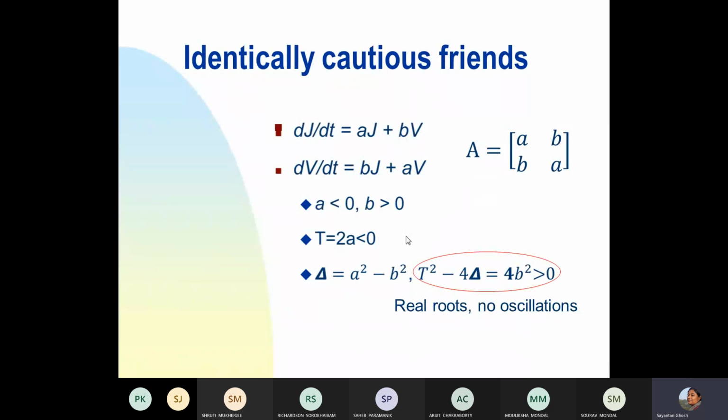That matches physically, that is something that should happen, right? If you are too cautious about your own feeling and you don't care that much about the other person's feeling, then you are not supposed to be a friend of that person in the long term. That is why I have chosen this problem, so that you can understand positive and negative values of J and V and A, B, C, D, all the parameters, and interpret them easily from your real life experience.